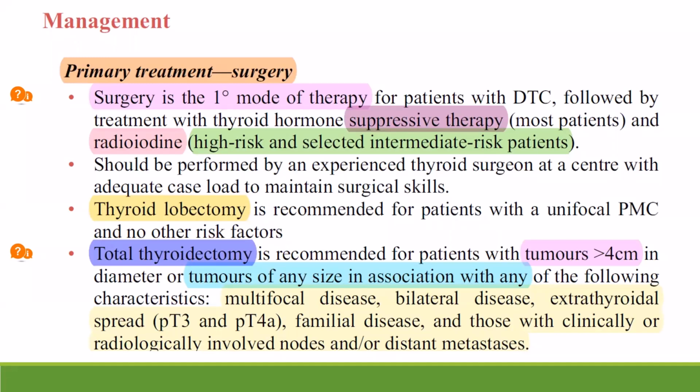Thyroid lobectomy is recommended for patients with unifocal papillary microcarcinoma and no other risk factor. A total thyroidectomy is recommended if the tumor size is more than 4 centimeters, or a tumor of any size in association with any of the following criteria: multifocal, bilateral disease, extrathyroidal spread, familial disease, and those with clinically or radiologically involved node or distant metastasis.